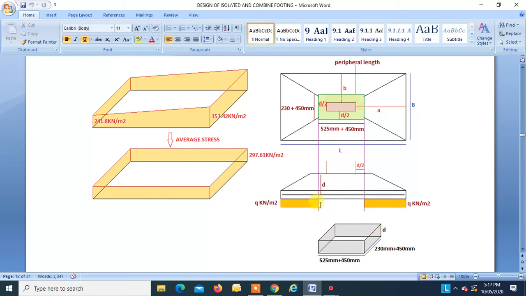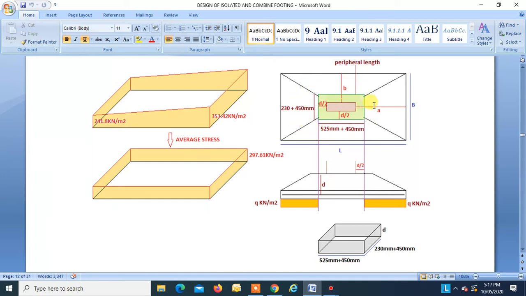Now we have to find the shear force. Simple. This is the upper soil pressure acting below the footing. So this pressure Q, in kilonewton per meter square, into the total area of footing minus the area inside the periphery, that is how you get the area outside the periphery.